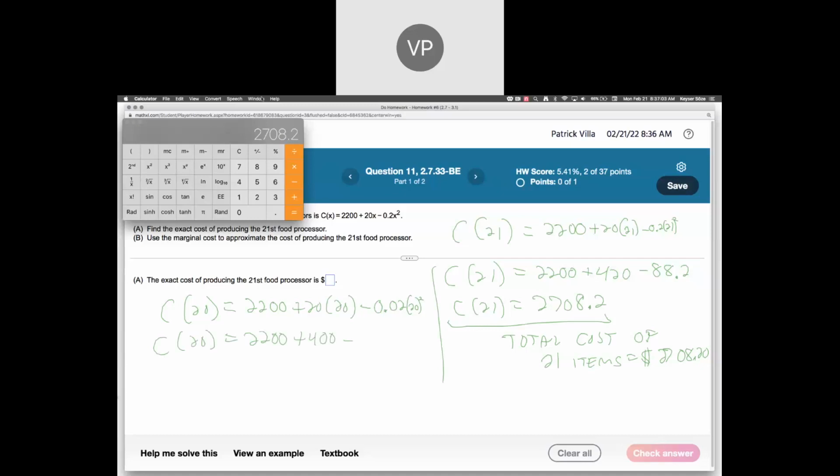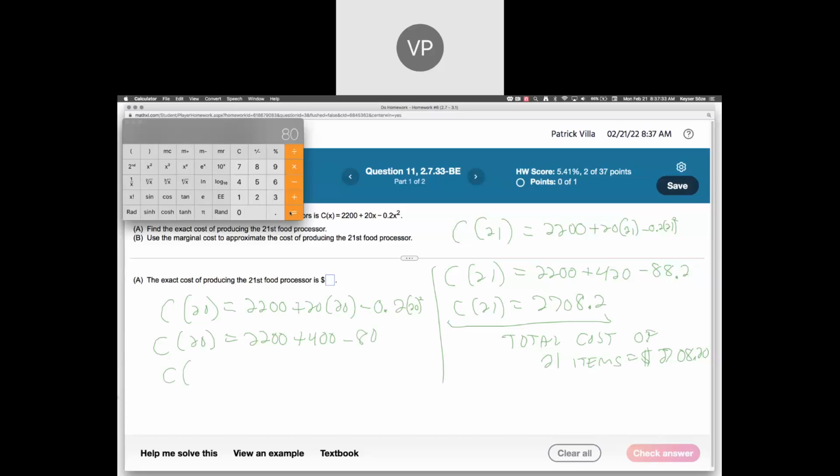So like before, I'm going to take the 20 squared, which is 400, times that by 0.02, and we get 8. Oh, sorry, not 0.02. I knew that didn't seem right. I messed up on the equation. Let me try this one more time. It's 0.2. Okay, so back to our 400 times 0.2. Sounds better, 80.